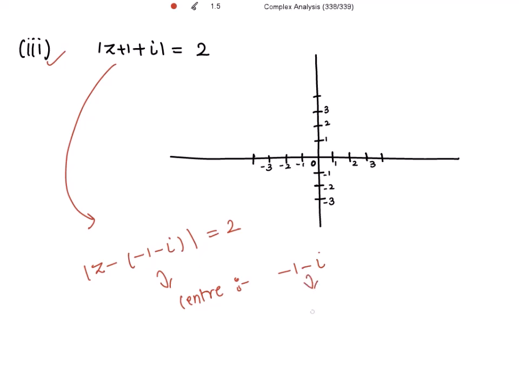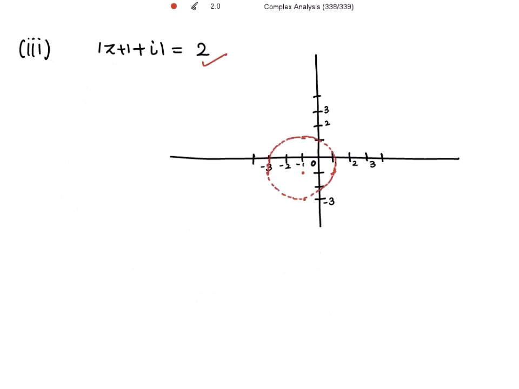If I write this in Cartesian coordinates, the real part is -1, the imaginary part is -1. So the center lies at the point (-1, -1) over here, and is having the radius 2. So moving away 2 units, the circle is like this.